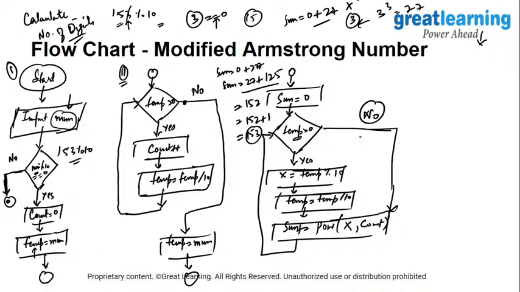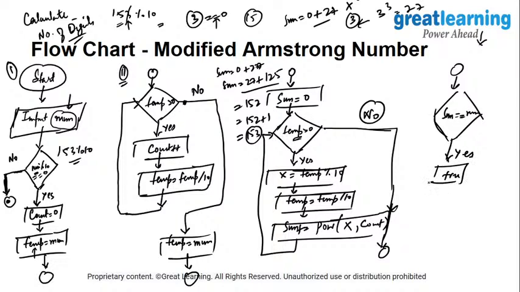So now, once this no is done, we will again use this connector, and we will check the condition again. What we will do is check if sum is double equal to num. If it is, then yes, and we will print true, and then we will end.